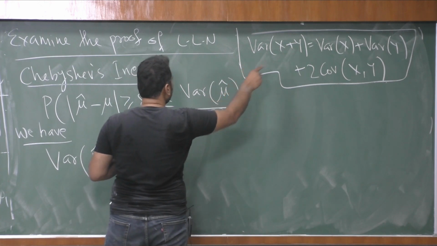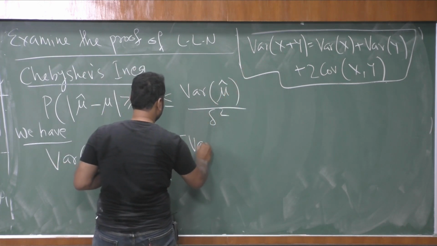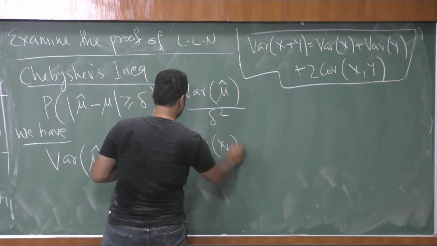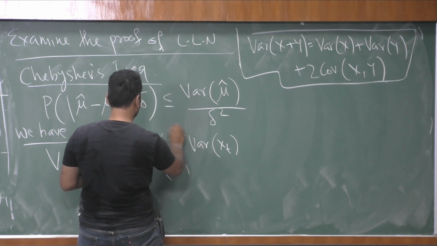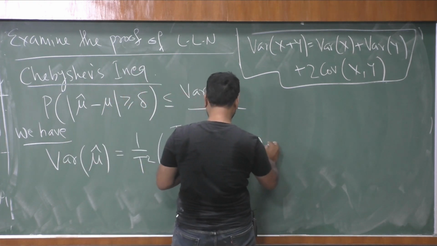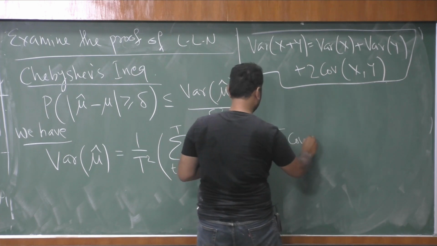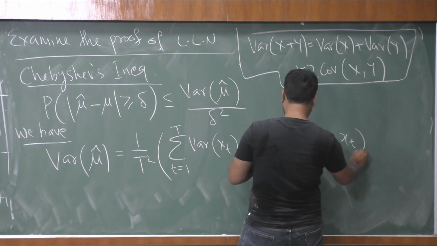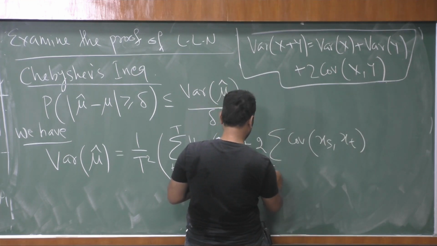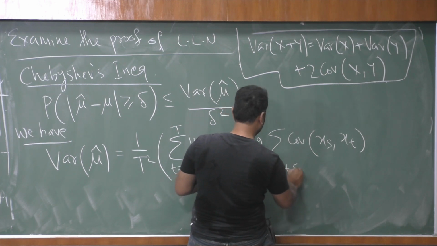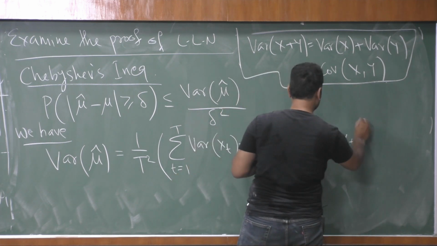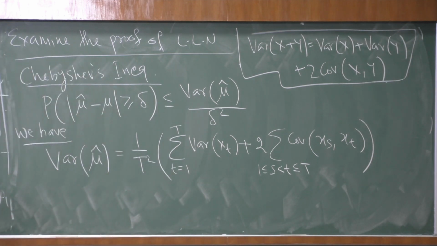So the first term will be the sum of the variances of x_t, for t equals 1 to capital T, and then plus 2 times covariance of x_s, x_t, for 1 less than or equal to s less than t less than or equal to T. This is the variance term in our case, because it's not IID.